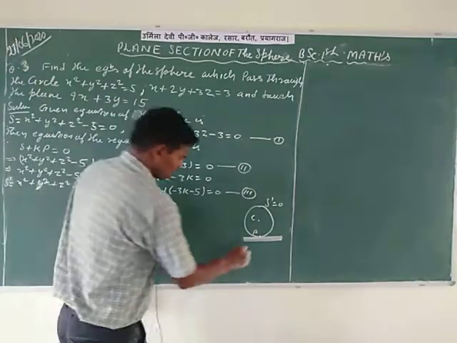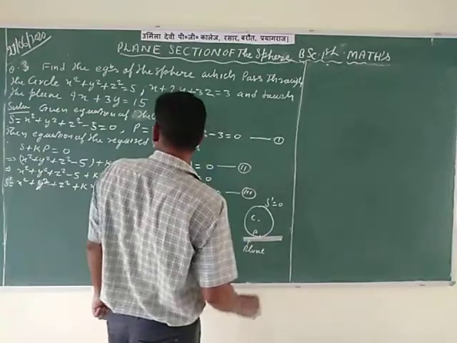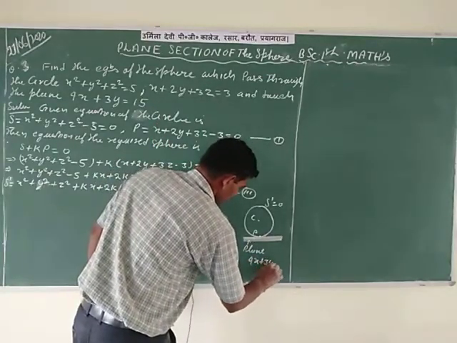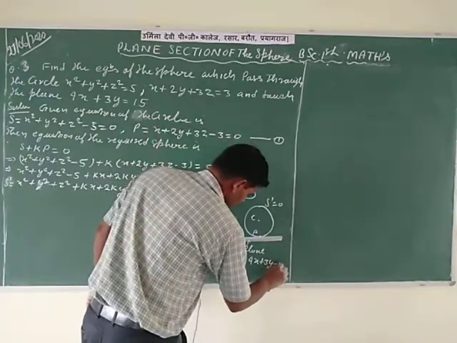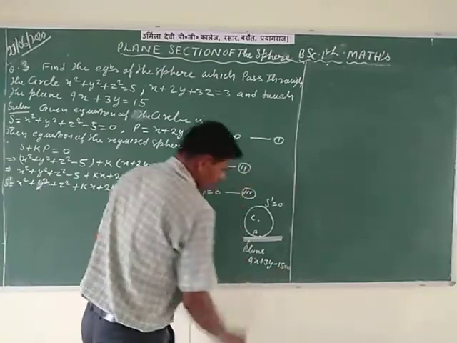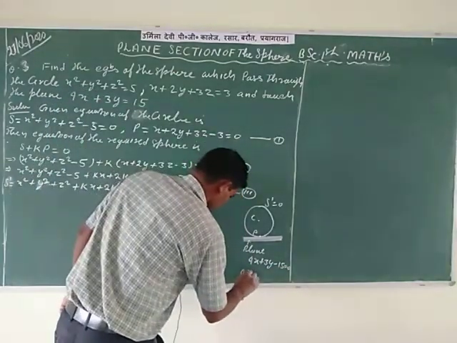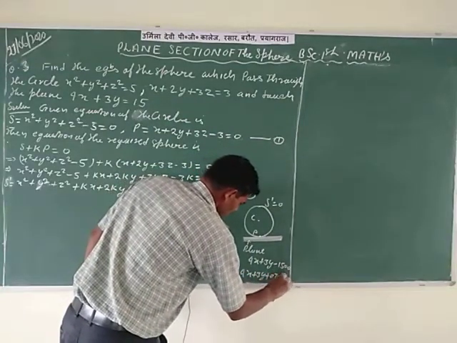The given plane is 4x plus 3y is equal to 15. So write here minus 15 is equal to 0. This plane equation written in the general form is 4x plus 3y plus 0z minus 15 is equal to 0.